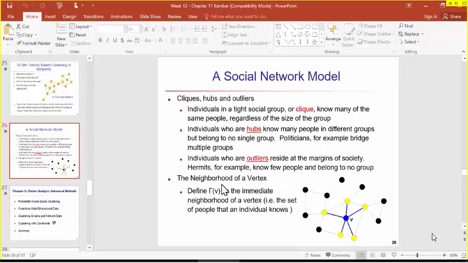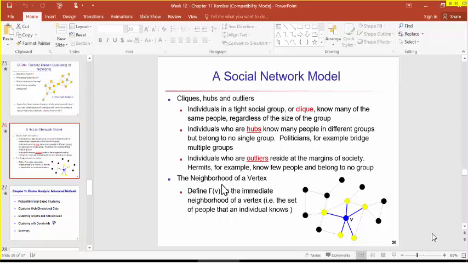So the social network model has cliques, hubs, and outliers. Individuals in a tight social group or a clique know many of the same people, regardless of the size of the group. Individuals who are hubs know many people in different groups but belong to no single group, for example politicians, who may bridge multiple groups.